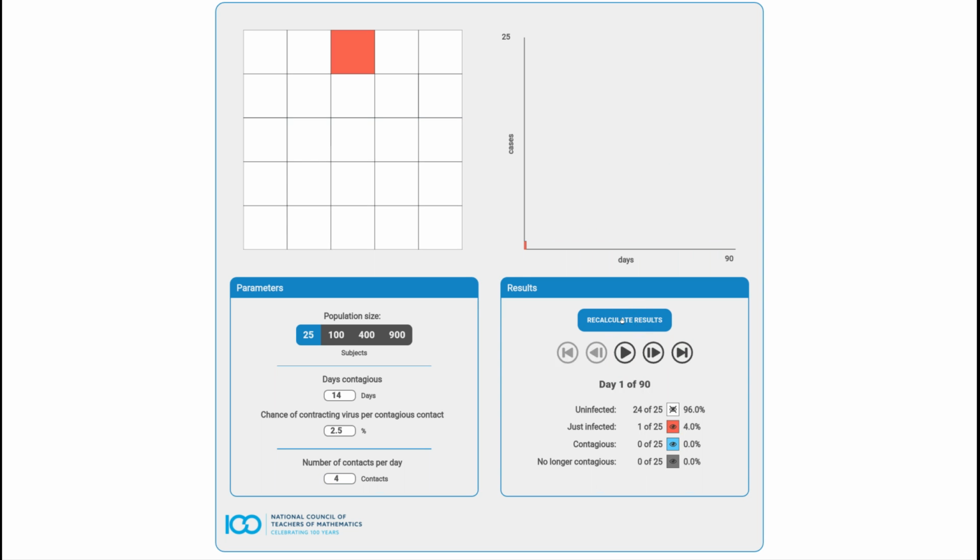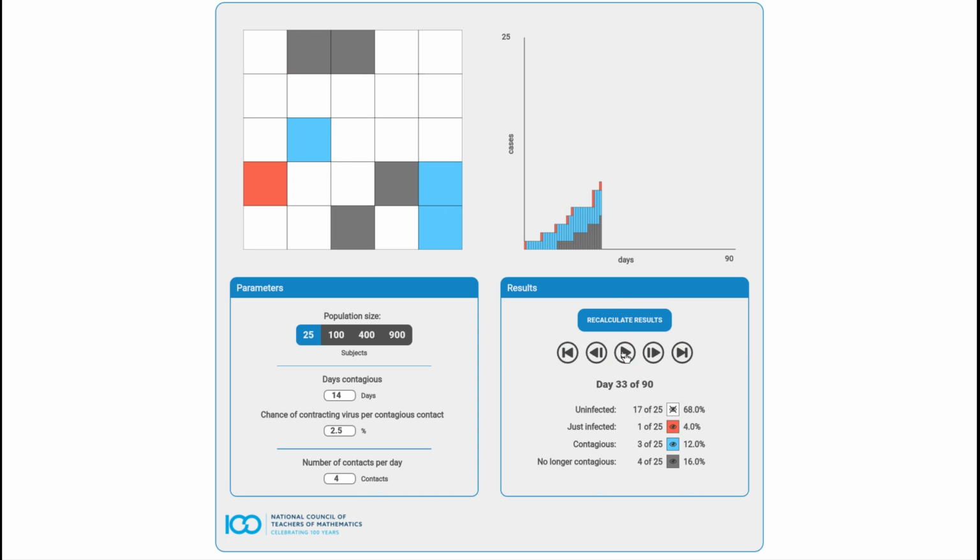Recalculate it. This is basically like if this red square meets up with 4 different other squares, rolls the dice, what's the possibility or probability of each of those white squares becoming sick? Well, this is going to take 3 months to play out, 90 days. Watch how it goes. At the end of 30 days, 33 days, 4 people got sick and they're over it. 3 are sick right now and 1 just got sick today.